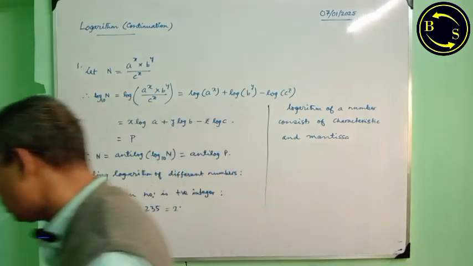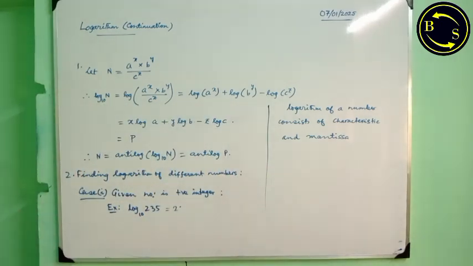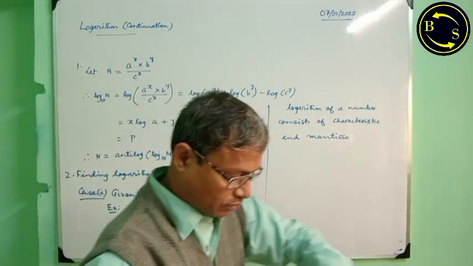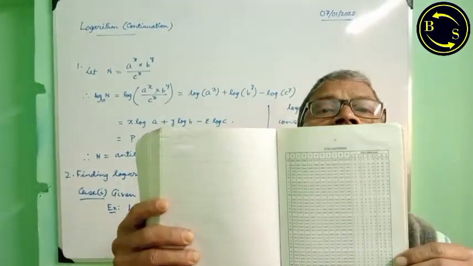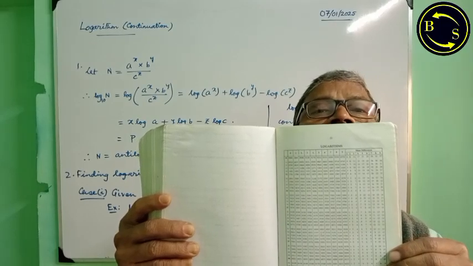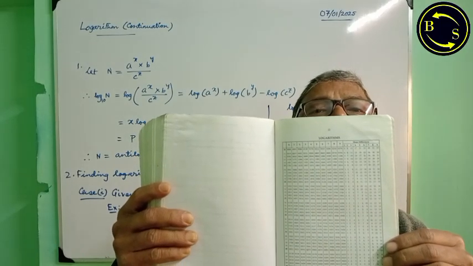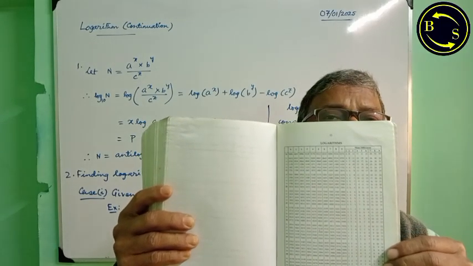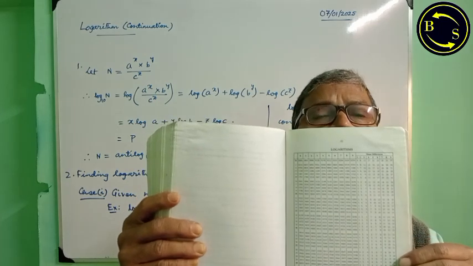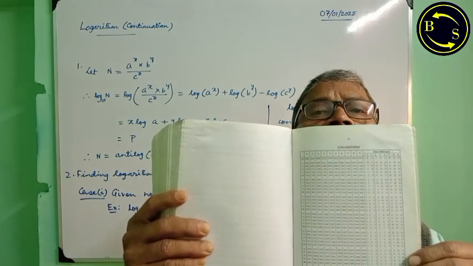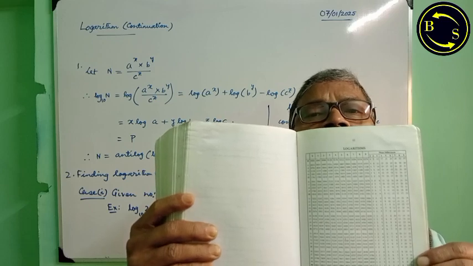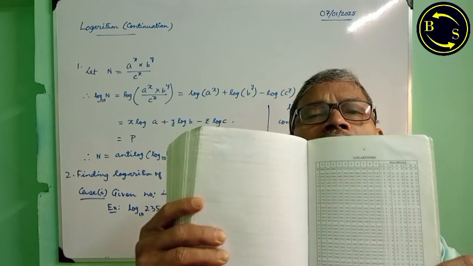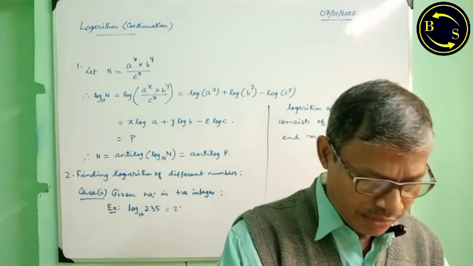In the book, students, learners, you follow the log table. You see at the top there is logarithm, written logarithm. Now you see the column. First column starts with 10, 11, 12, dot dot dot, and up to 99.